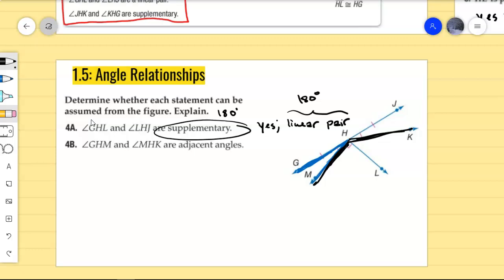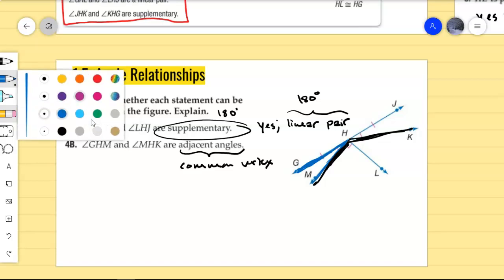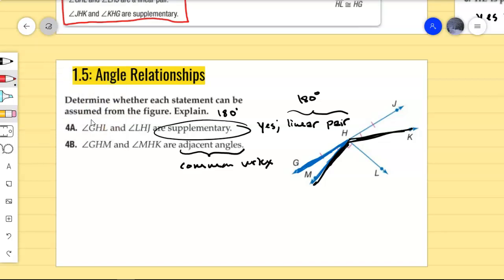So recall, to tell if they're adjacent angles is they need to have a common vertex, and that is happening. The common vertex in this situation is going to be H, so that's a check. They also need to have a common side. They need to be sharing a common side. And is that happening? Absolutely. Notice that right over here is a common side.